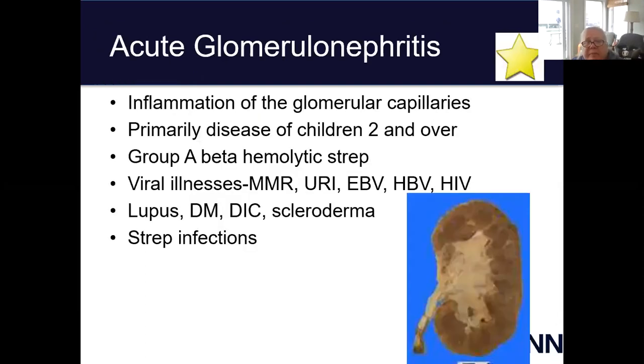So again, inflammation, this acute glomerulonephritis is seen in children after a strep infection and or some viral infections. In adults, it's sometimes seen with a lot of our autoimmune diseases like lupus, diabetes, scleroderma, things like that. And again, after a strep infection is not uncommon also.